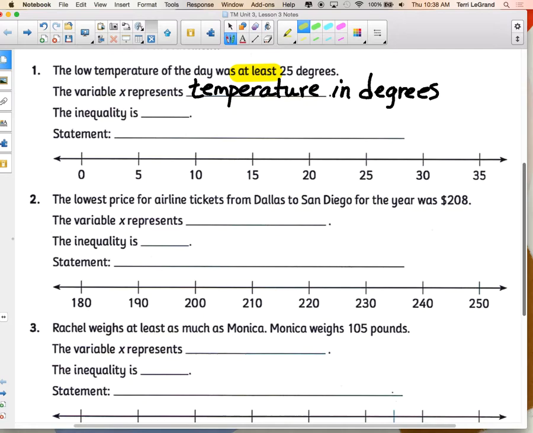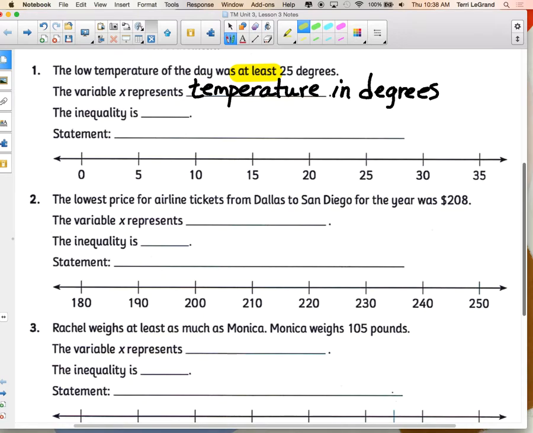So what does at least mean? If I say to you, I'm going to give you at least 6 problems of homework, you can count on me giving you how many problems possibly? 6 or 7 or 8. I'm going to give you at least 6. I'm going to give you 6, 7, 8. In other words, I'm going to give you 6 or more.